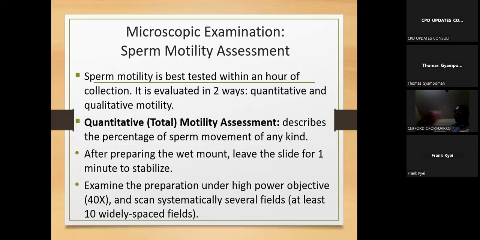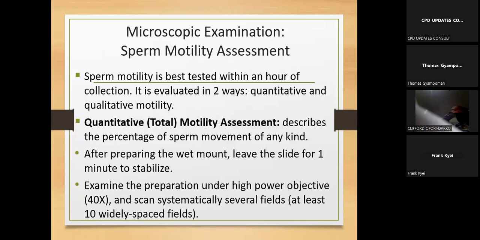Very good. So, like I said earlier, the entire movement is the quantitative, the totality. Any movement at all is considered as part of the quantitative motility. All right. So after preparing your wet mount, leave the slide for just a minute to stabilize, and then examine the preparation on the high power objective and scan systematically several fields, at least 10 widely spaced fields.